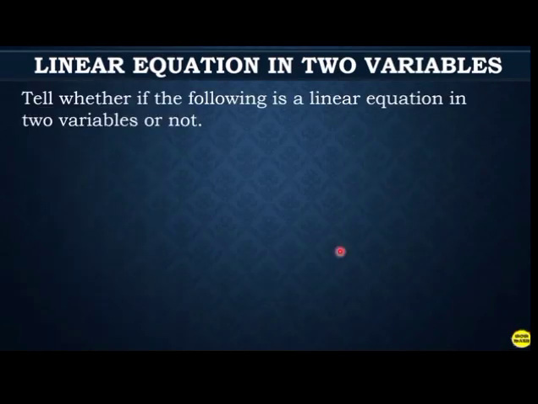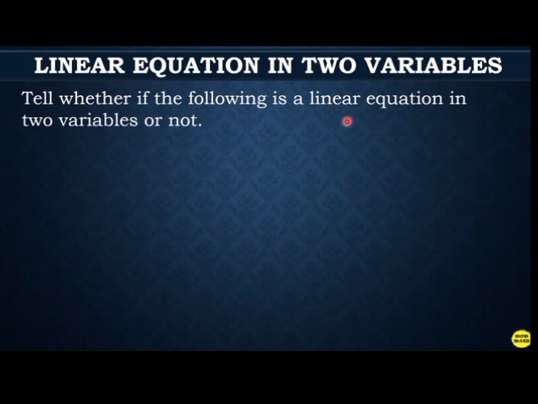So let us tell whether the following is a linear equation in two variables or not. Remember, when we say linear equation in two variables, it must have two variables. Any variable, either x and y, a and b, it depends on the given, as long as it has two variables.